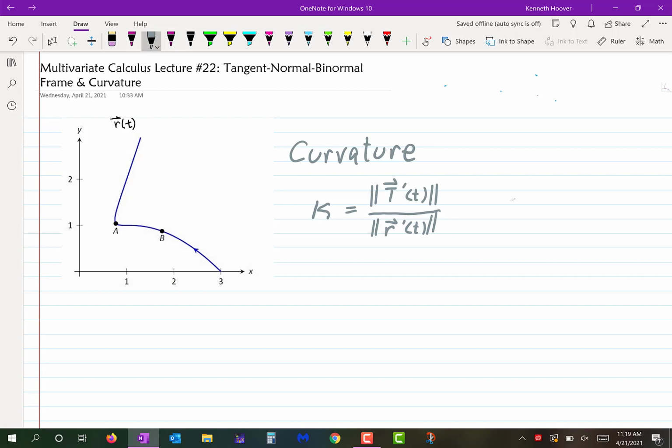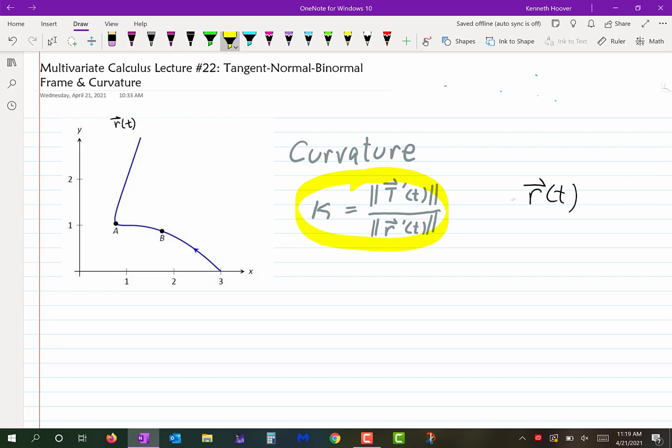So that's one way to calculate curvature. Okay? This is if you're given a vector valued function, r of t, then you can calculate curvature like this. That'll tell you how tightly the graph turns. Bigger numbers means tighter turns.